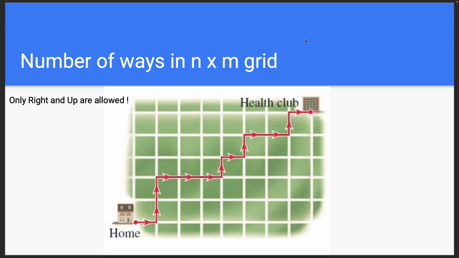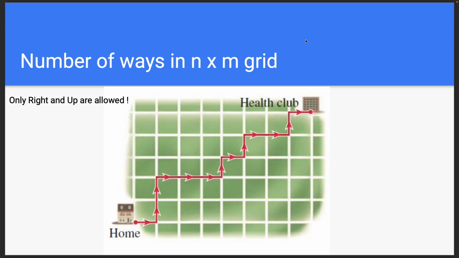Should we choose 2 to the power n plus n? No, why not? I will give you an example. For example, this grid. In this grid, you said this is n, so we should go n steps up and n steps to the right.